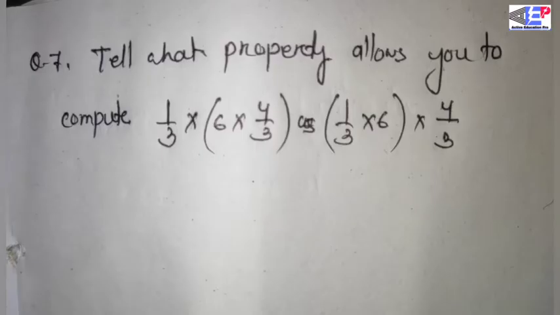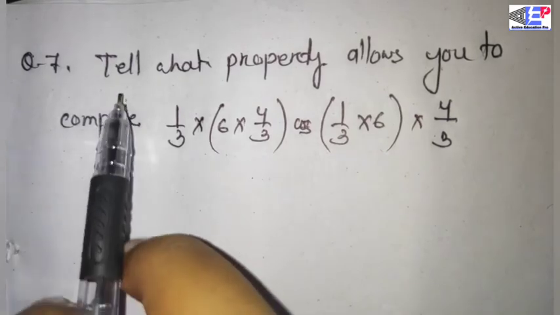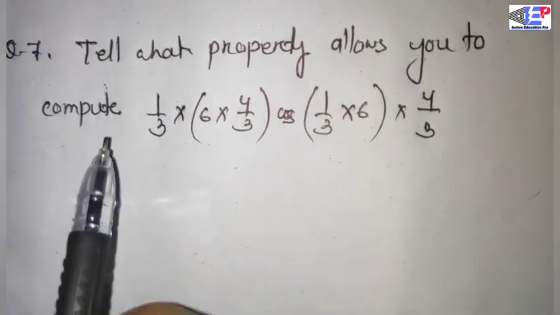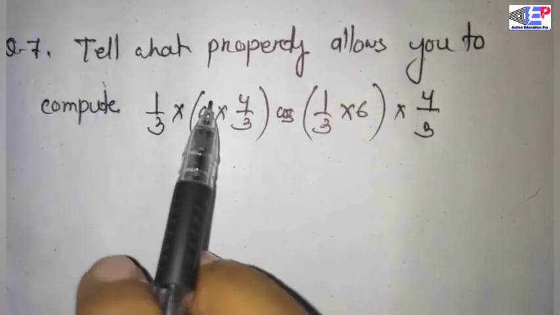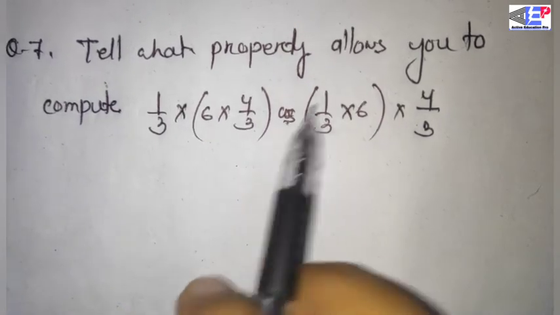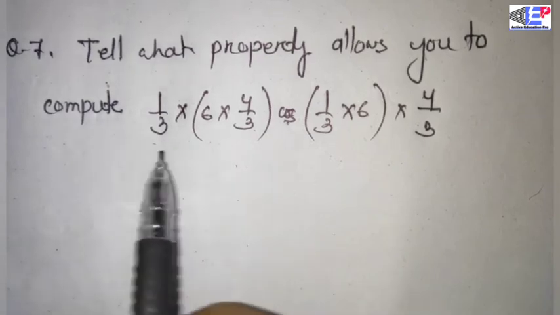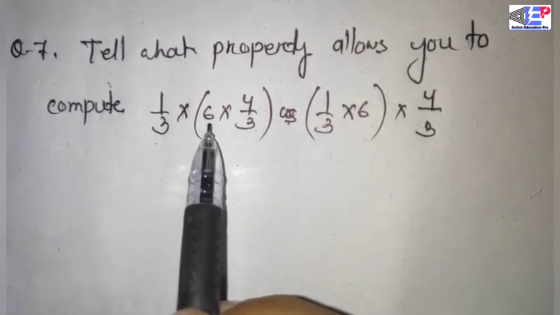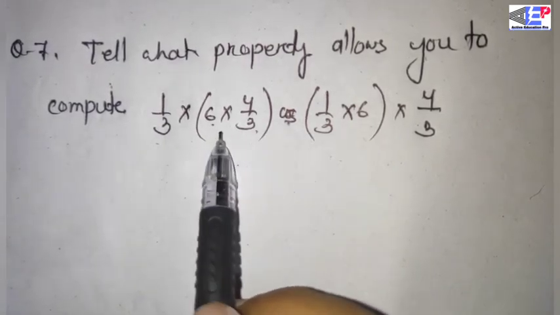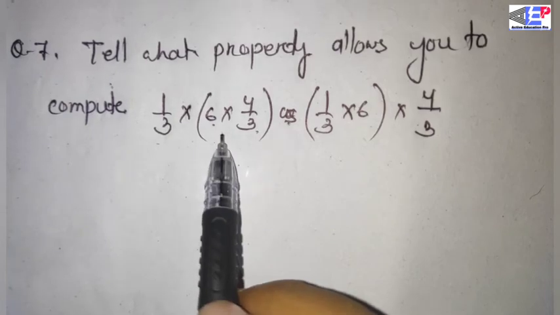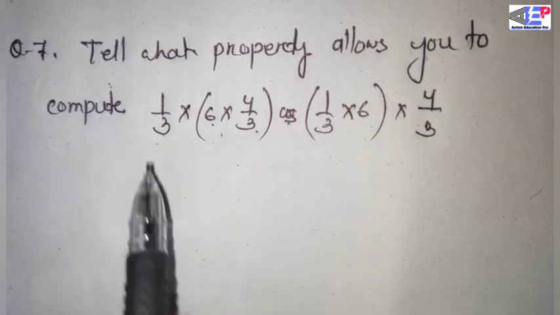In the next question, question number 7, tell what property allows you to compute 1 by 3 into 6 into 4 by 3 as 1 by 3 into 6 into 4 by 3. It means in the first case, we first multiplied the second and third, then multiplied the product with the first one.